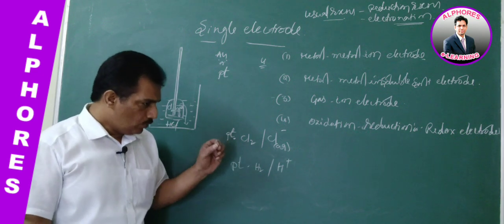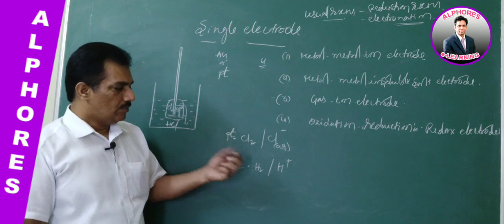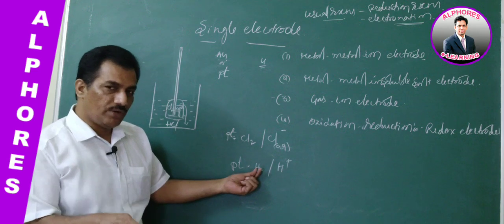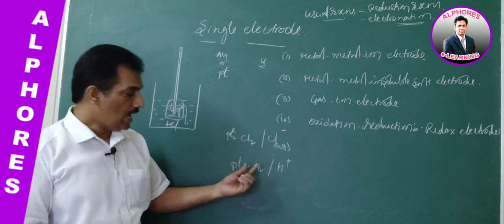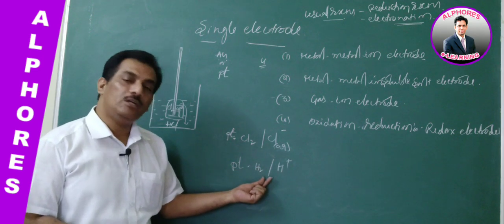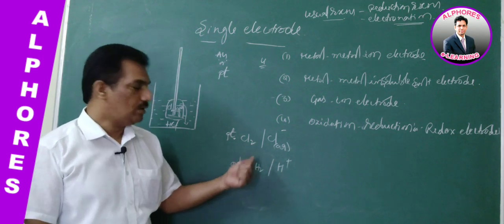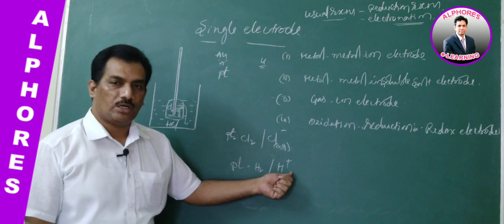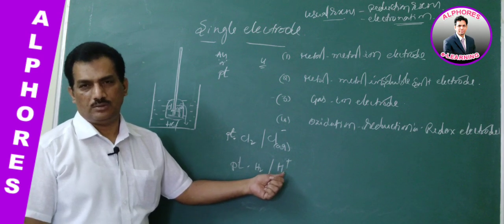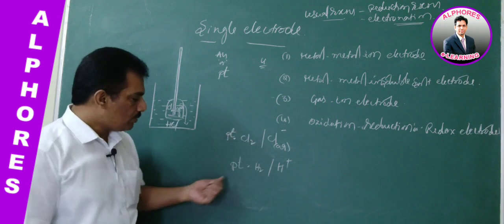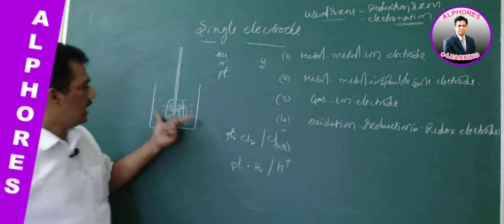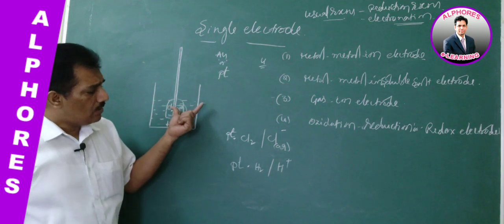That means among the gases only hydrogen behaves differently from the remaining non-metal gases. Even though it is a non-metal, it behaves like a metal by exhibiting a cationic part, that is, by exhibiting positive charge in its solution. Clear? So anyhow, this type of arrangement will behave like a gas ion electrode.